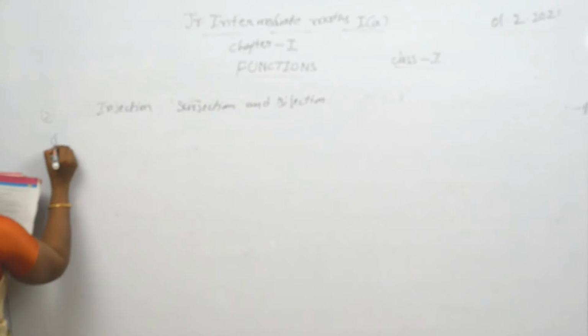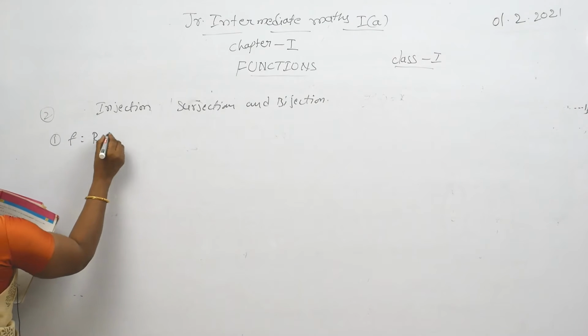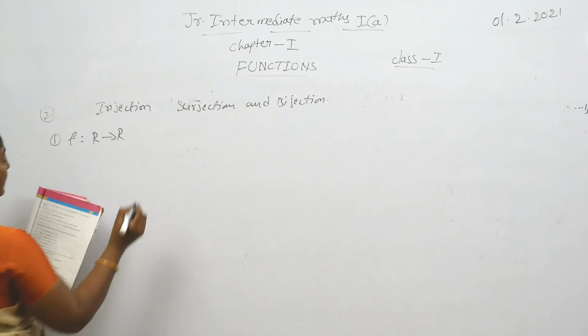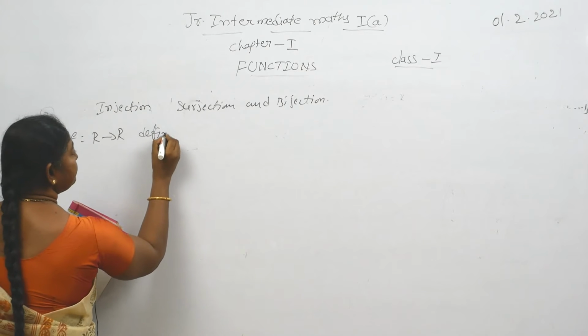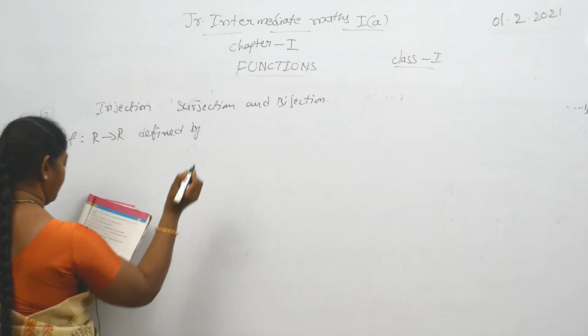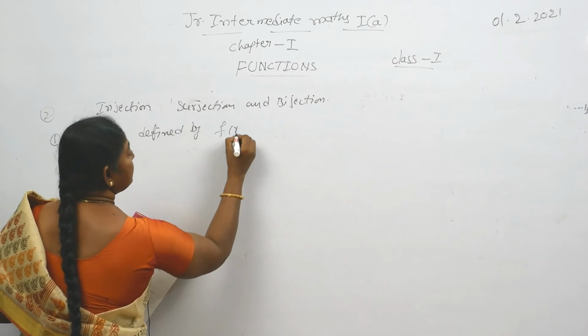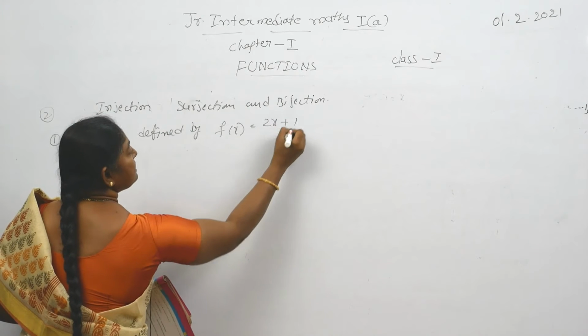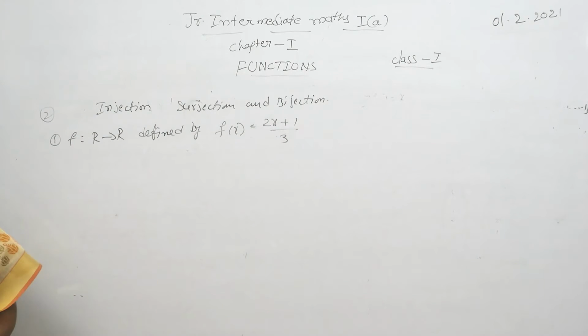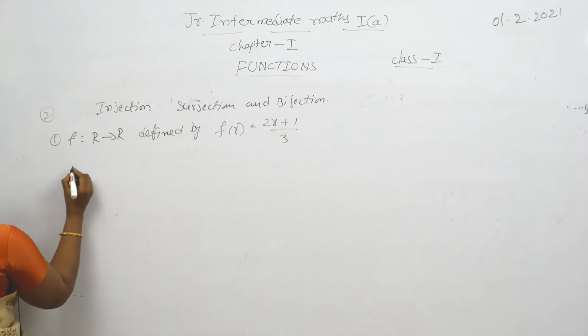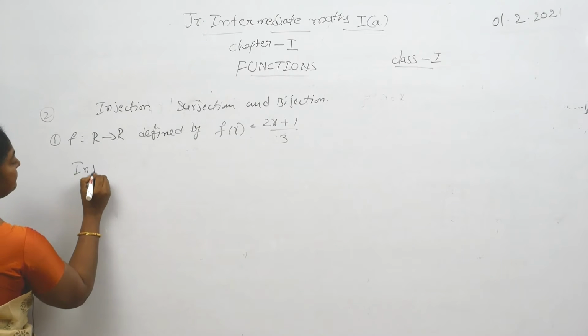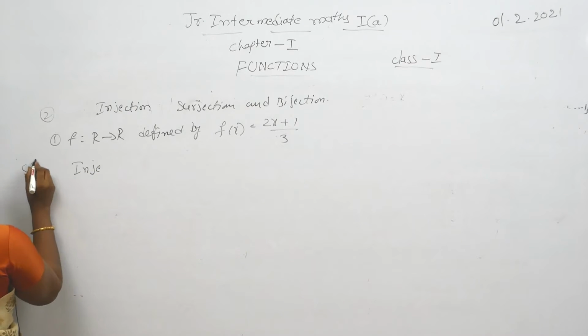First problem, f from R to R defined by f of x equal to 2x plus 1 by 3. Here first we'll take injection. Solution.